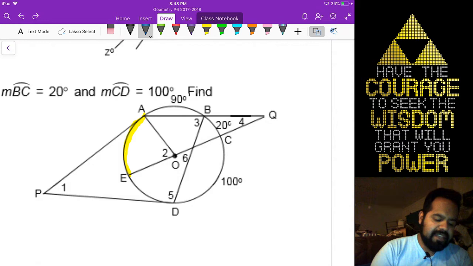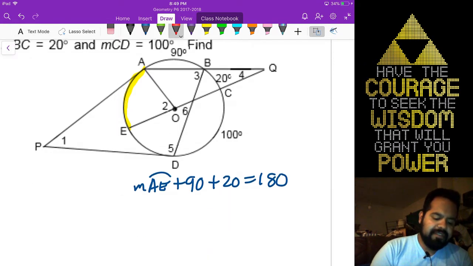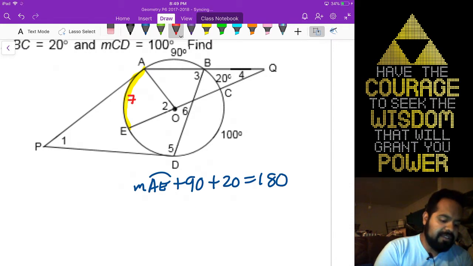So that means that arc AE plus 90 degrees plus 20 equals 180. So then that's going to give us 70 degrees. I'm going to run out of room if I don't do this.